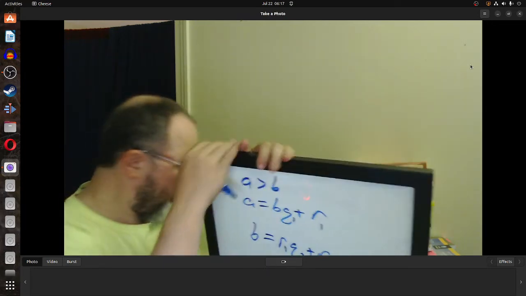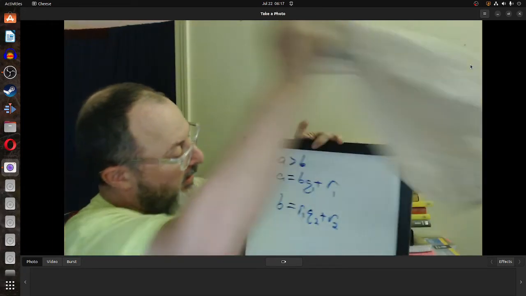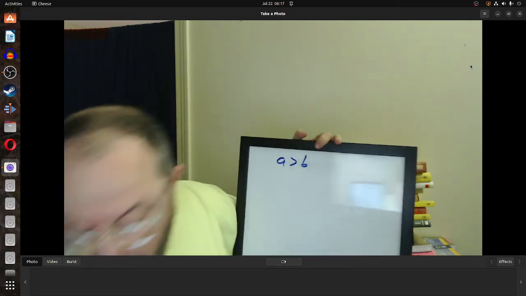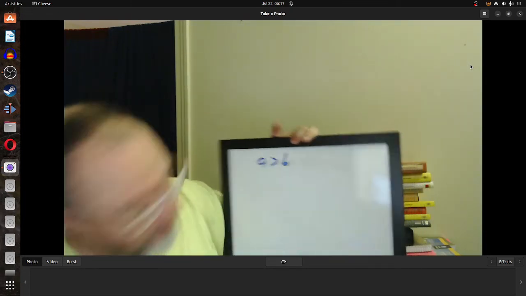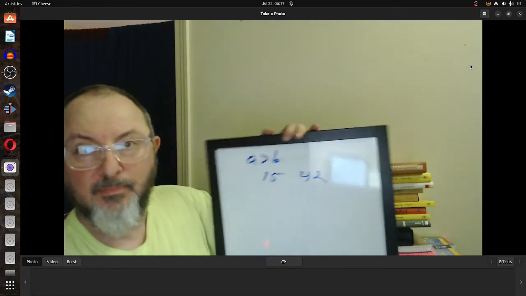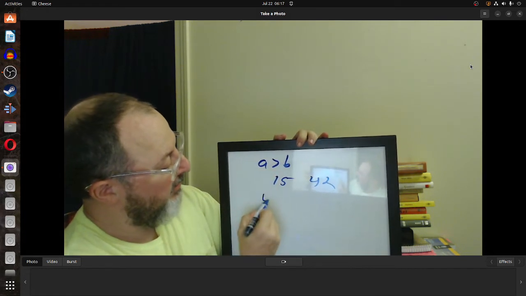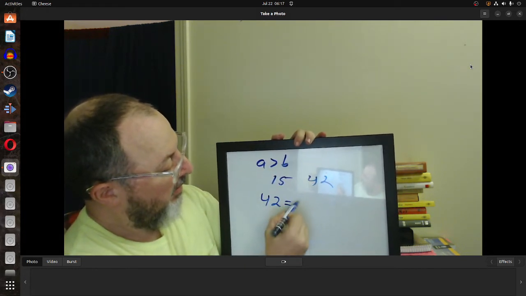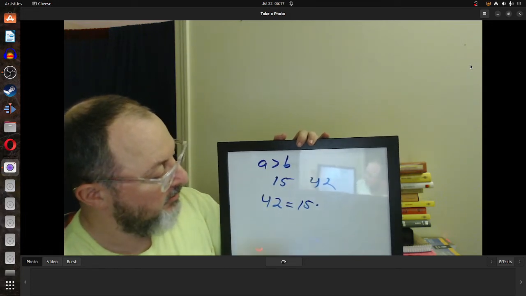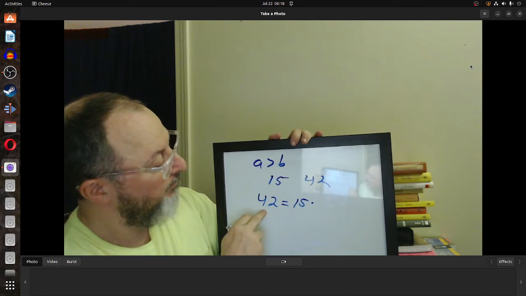Now we'll make even better sense of this by looking at a particular example. So let's take the numbers 15 and 42. So 42 can be written as 15 times, let's see, 2 is 30. 3 would be 45, it'd be too big.